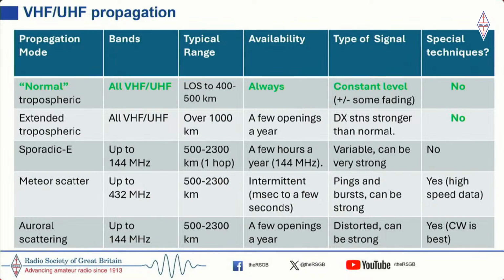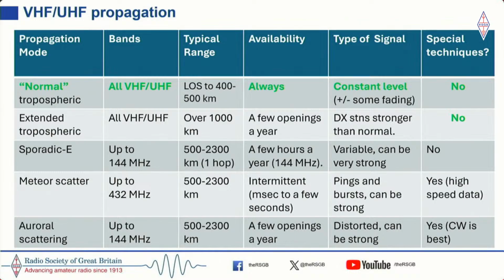Meteor scatter is particles drifting into the Earth's upper atmosphere and becoming ionized as they burn up somewhere around the top of the E layer, which is why you get the same kind of range. It's not directly related to sporadic E, it just happens at about the same height.